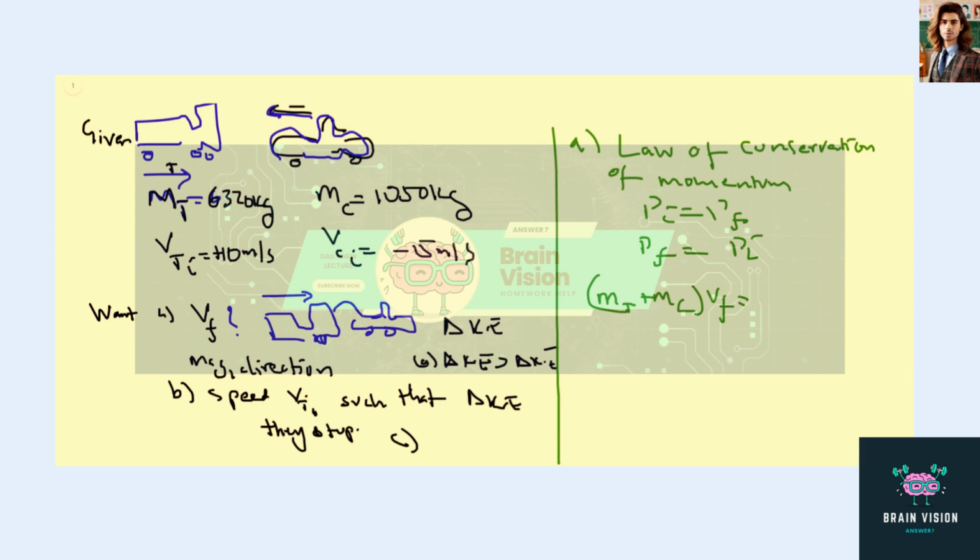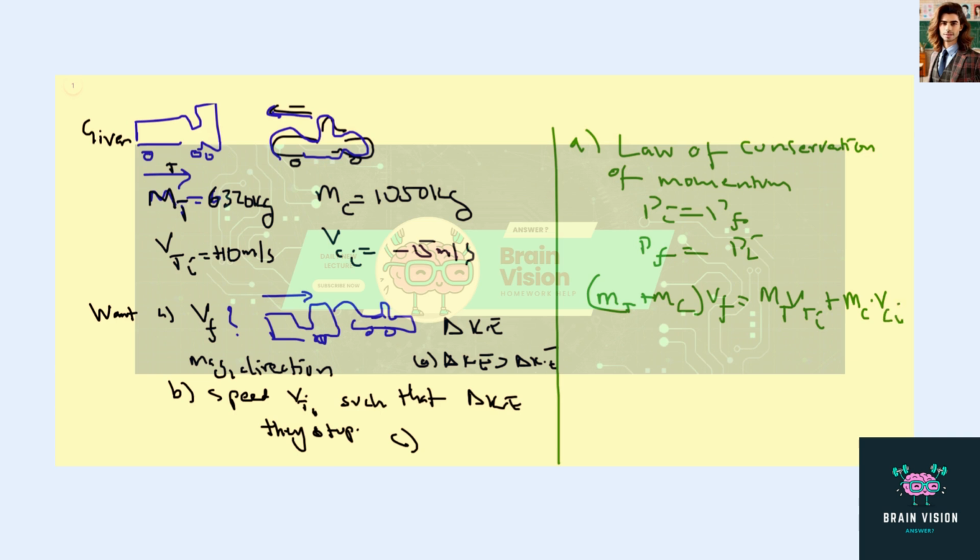is the same as the mass of the truck times the initial velocity of the truck, plus the mass of the car times the initial velocity of the car.